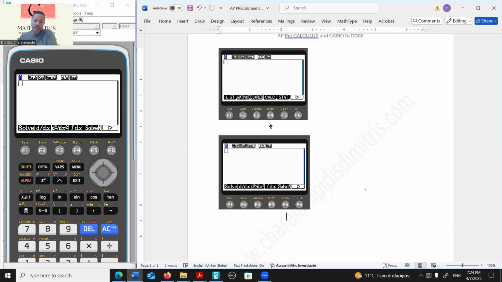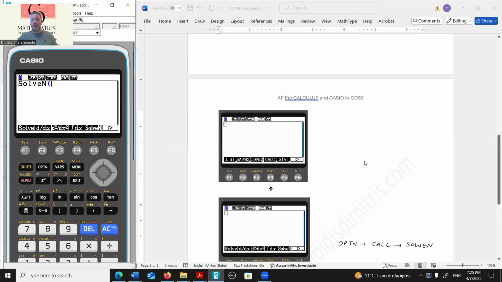So there it is, the solve. Remember, it's always about option, calc, and solve. What this series of commands did to our GDC is that it created that solve prompt over here.